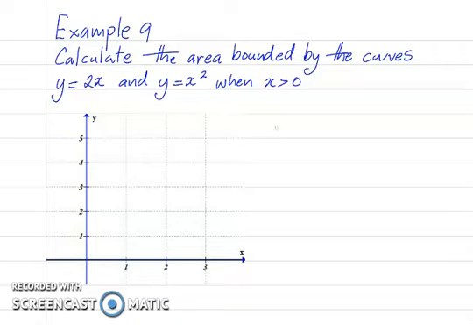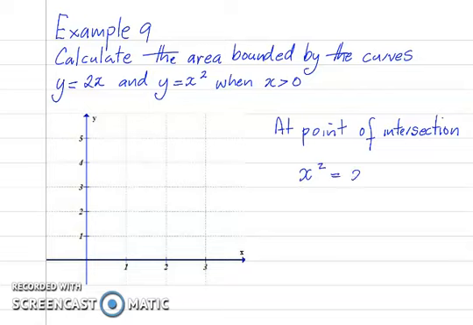Now, at the point of intersection, the two graphs are equal. So x squared is going to be equal to 2x. This only occurs at the point of intersection.